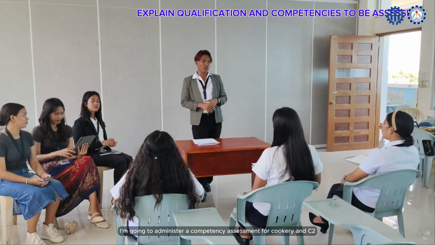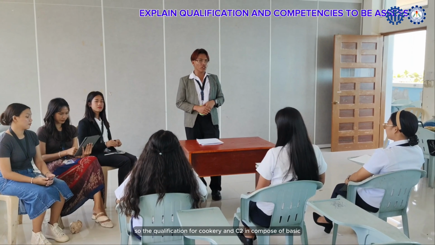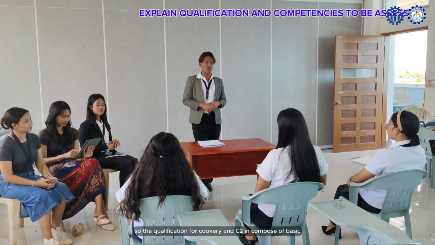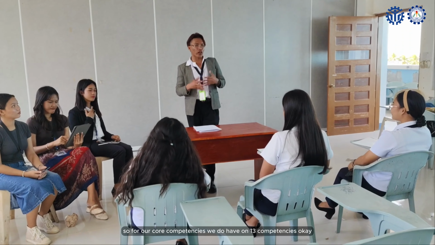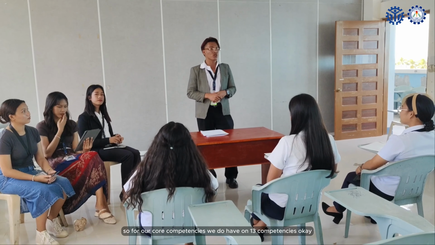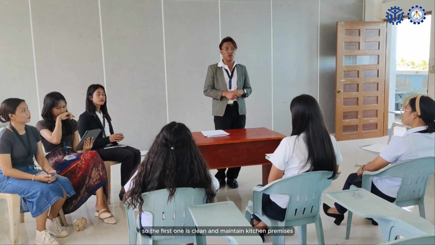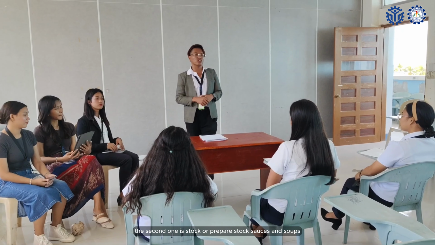Today I am going to administer the competency assessment for competency 2. The qualification for competency 2 is composed of basic, common, and core competencies. For our core competencies, we have 13 competencies. The first one is clean and maintain kitchen premises. The second one is stock or prepare stock, sauces, and soups.